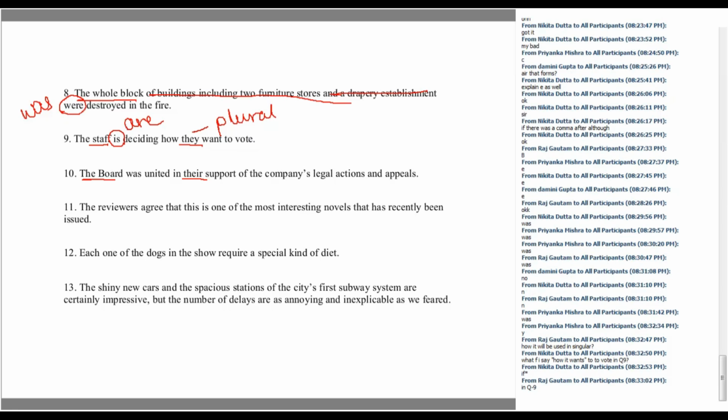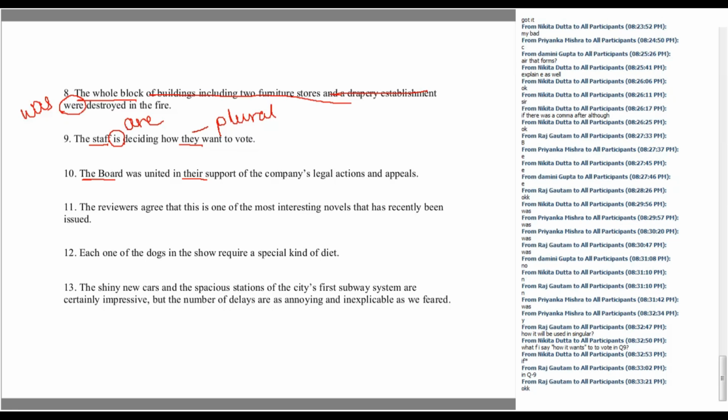Instead of the word they, I should have used the word it. How it wants to vote. Then it would have been singular. Nikita, that is what I just said. The staff is deciding how it wants to vote. If it is written in that way, that means it is singular.